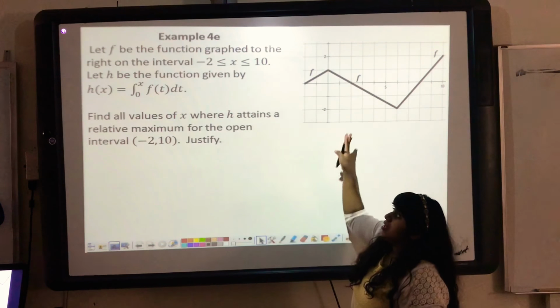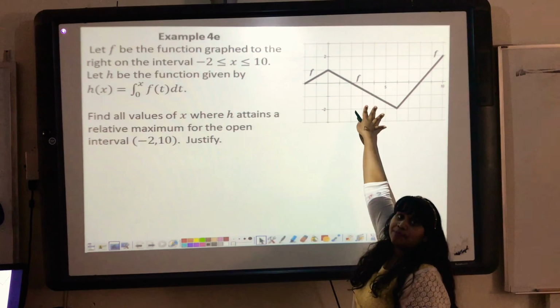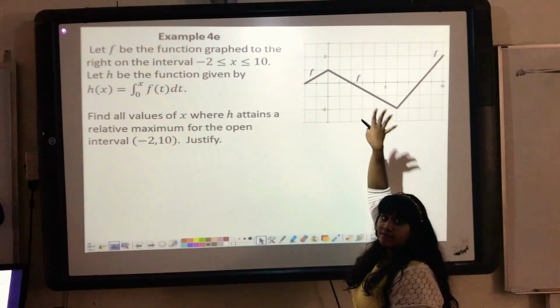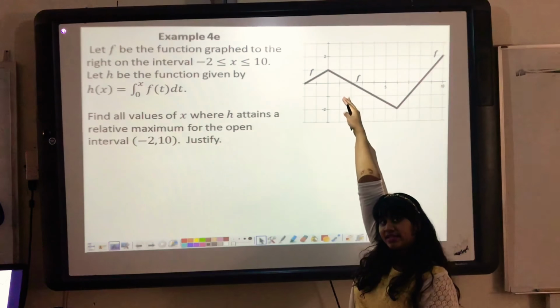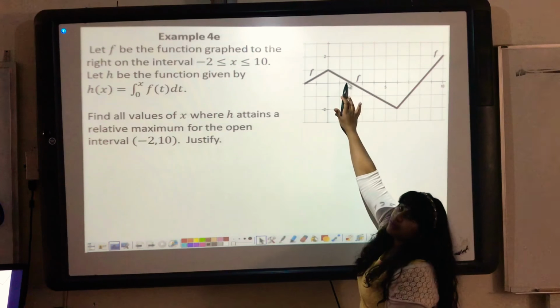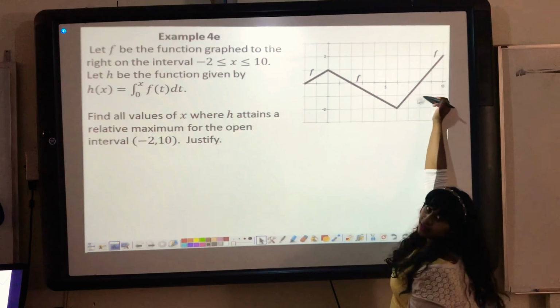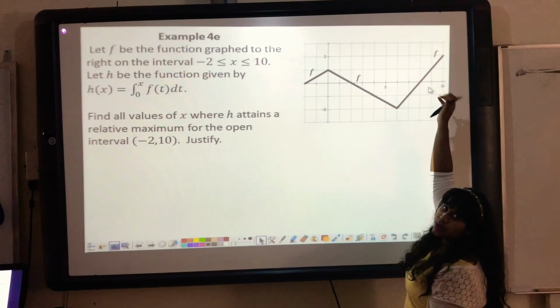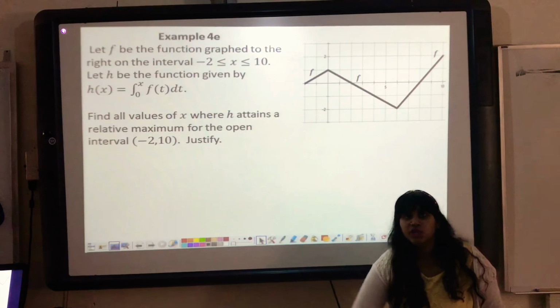So, to figure out if my function is going from increasing to decreasing, I have to look at my first derivative's graph and figure out if it's going from above the x-axis to below at any point. Is it doing that? Well, heck yeah, it is right here, from above to below. Why don't I care about this point right here where it's changing across the x-axis? Well, this is going from below to above, so that means it's going from decreasing to increasing.